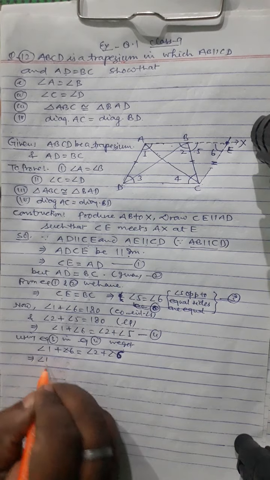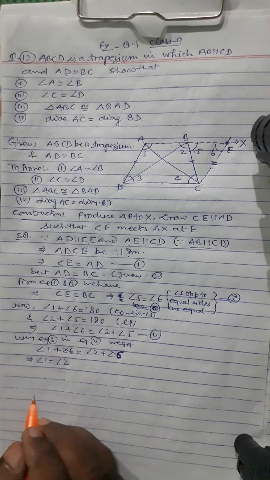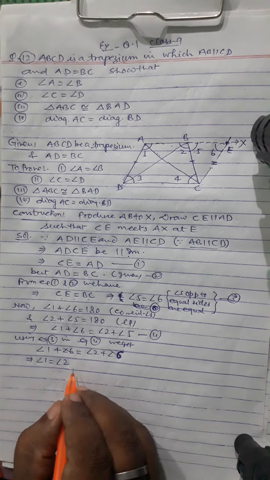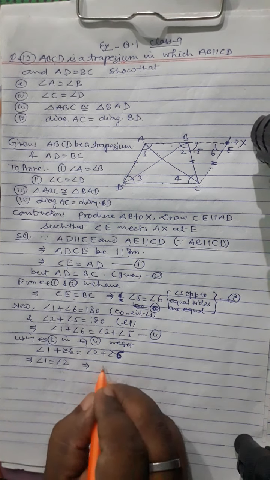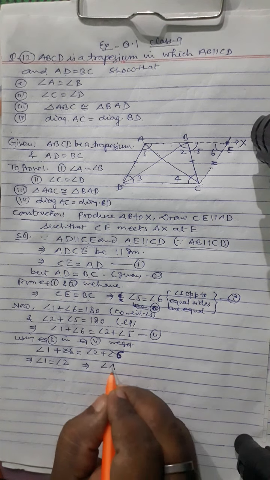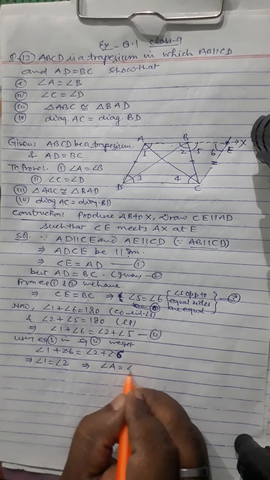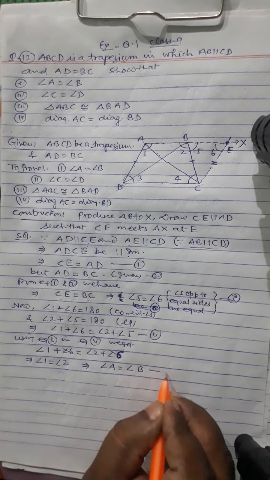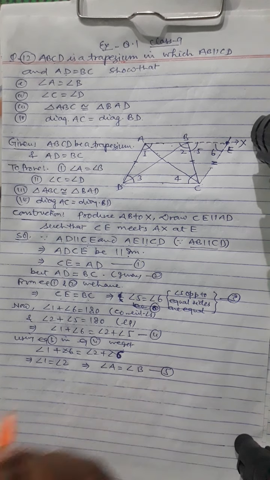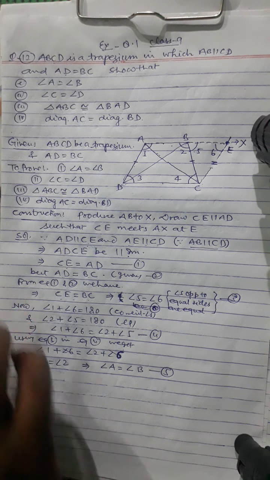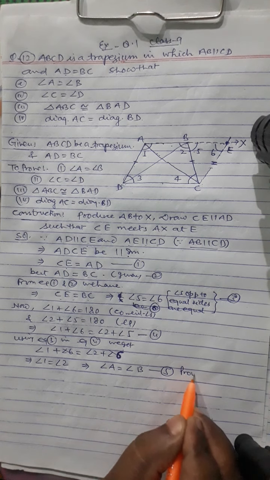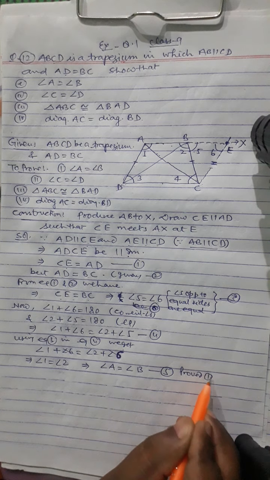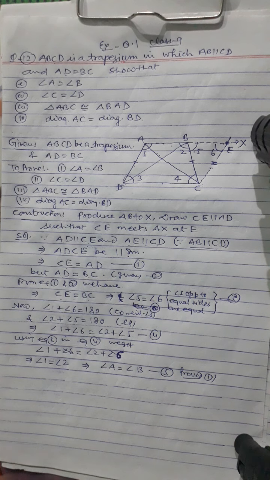This implies that angle 1 is equal to angle 2. Now angle 1 is angle A and this one is angle 2, that is angle B. This is equation 5. This is the proof of the first.